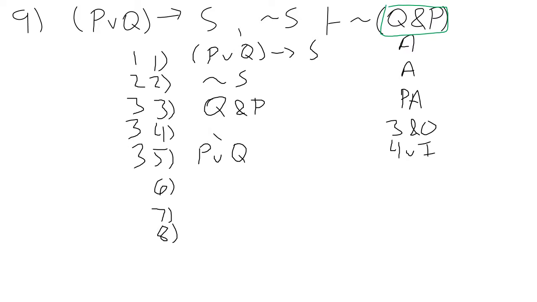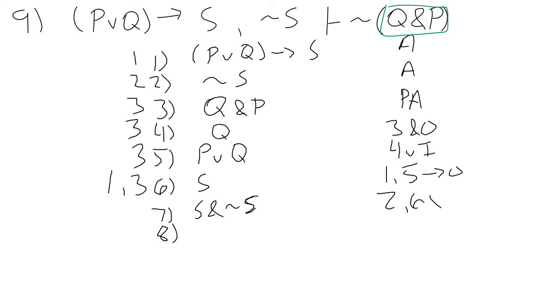We could have just as easily done P. Didn't matter which one we take as long as we take one of them. And then from this we can get our conditional out from 1 and 5, arrow out. 1 and 5 is 1 and 3. And then we can ampersand in our S and not S. So that's going to be 2 and 6 ampersand in. That's going to be 1, 2, and 3.